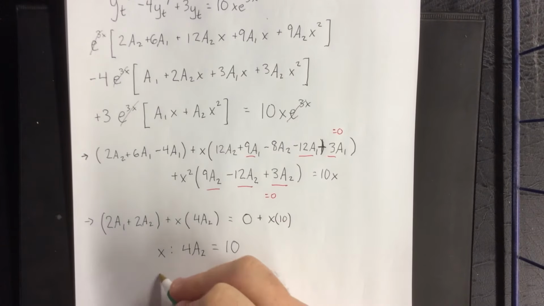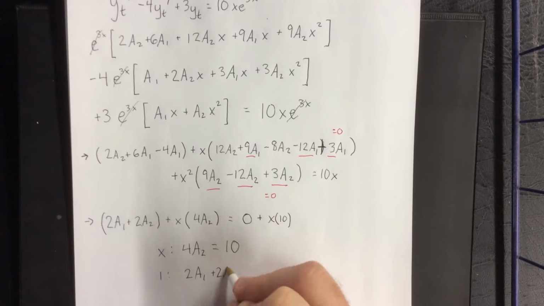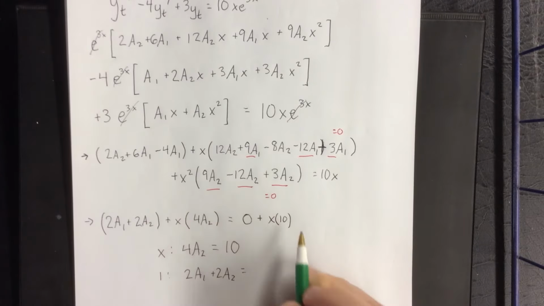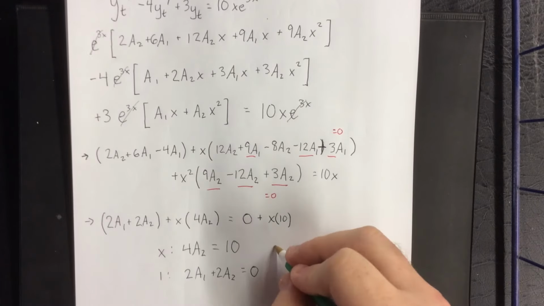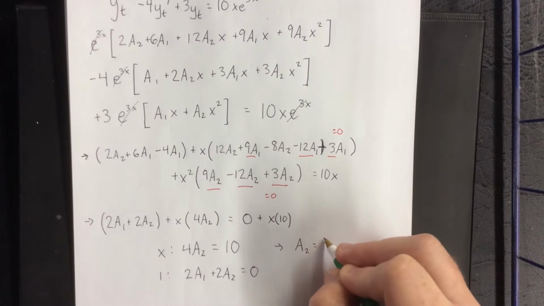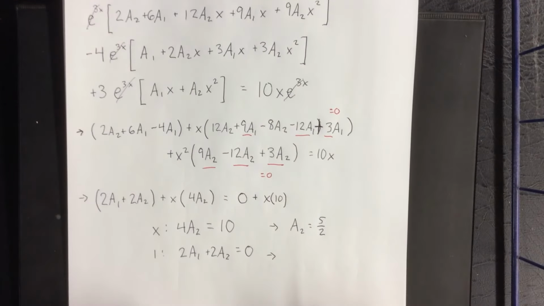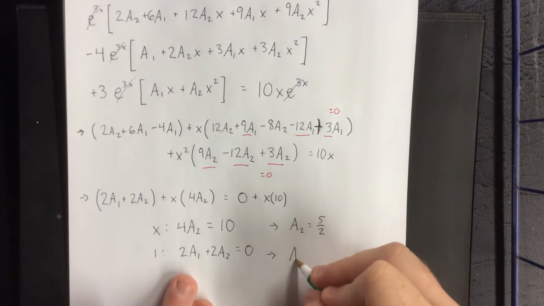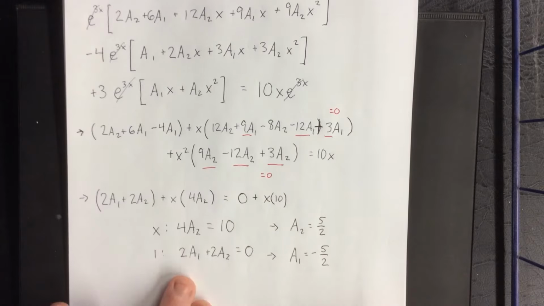The constant term of 2a1 plus 2a2 has to match the constant term on the right-hand side, which is 0. The first equation tells me that a2 is going to be equal to 5/2. The second equation tells me that a1 is simply going to be the negative of a2. So a1 will be negative 5/2.